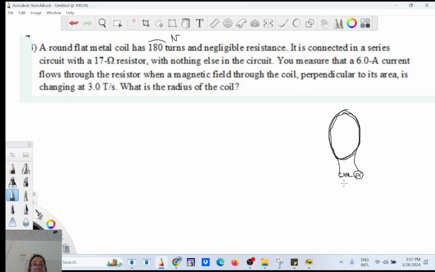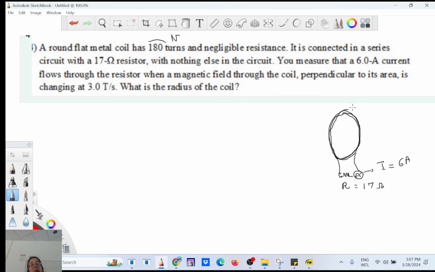And this is the resistance R, 17 ohms. That's the current flowing through the resistor.